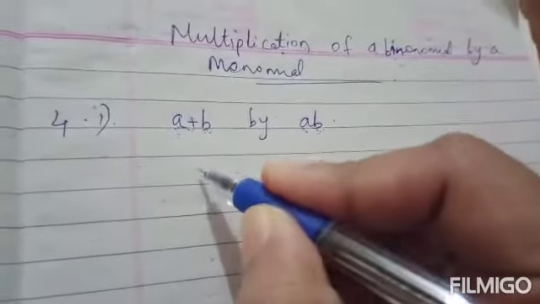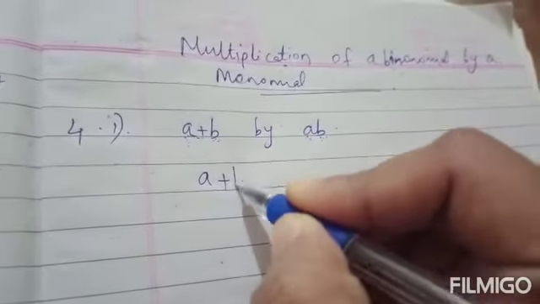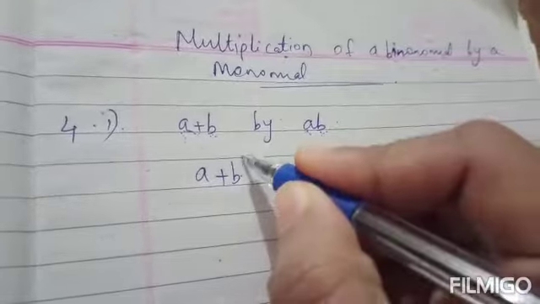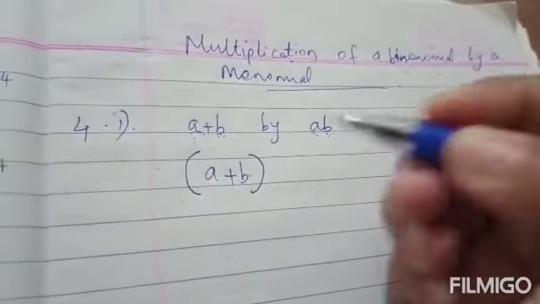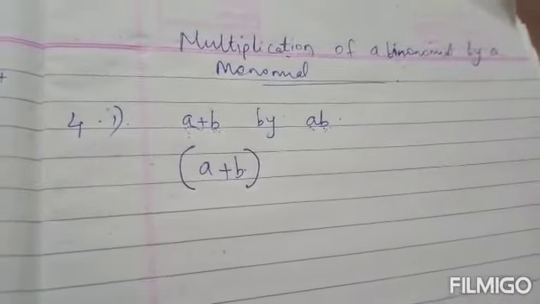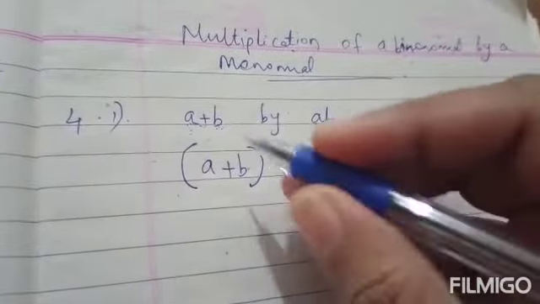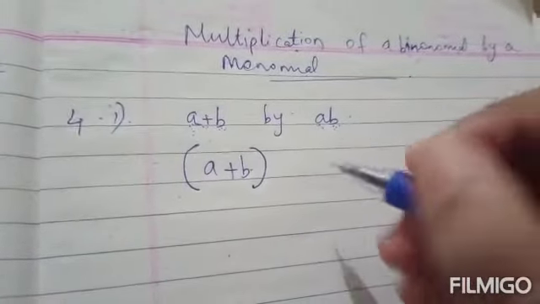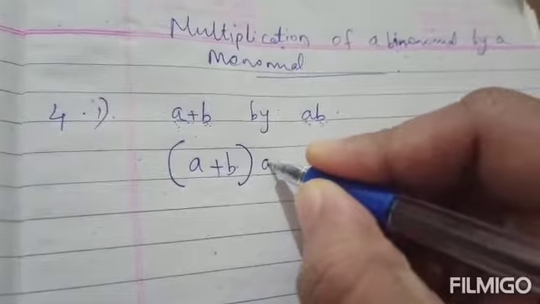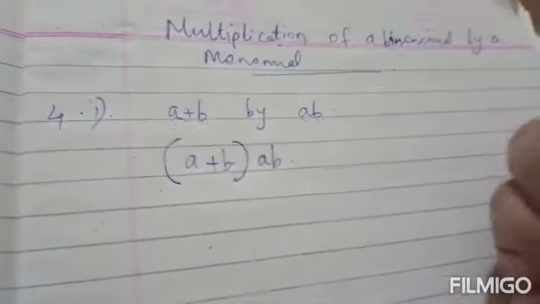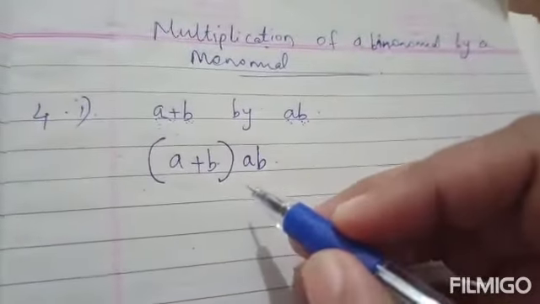Now multiplying A plus B, we can put a bracket instead of into. Bracket means you need to multiply. A plus B into AB. In this way we need to write.